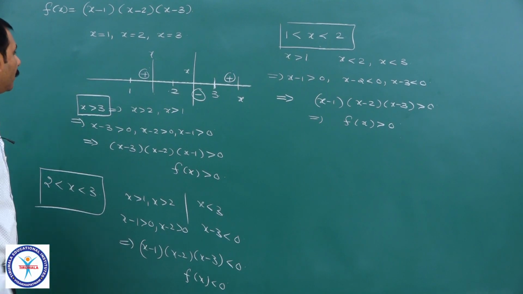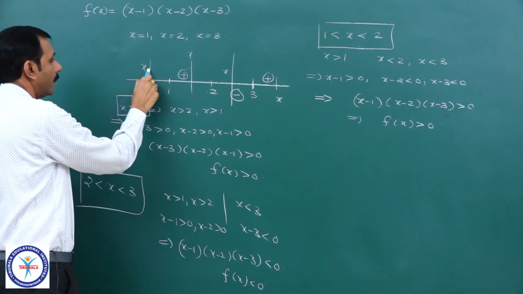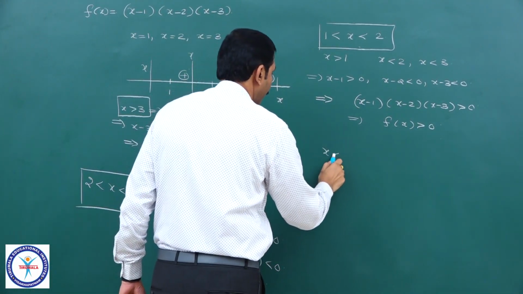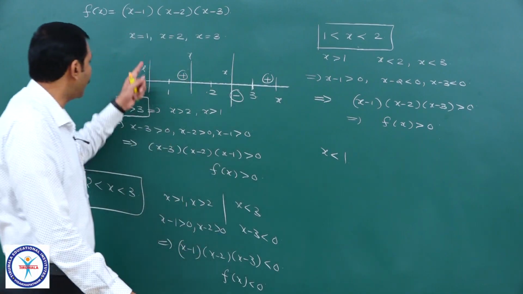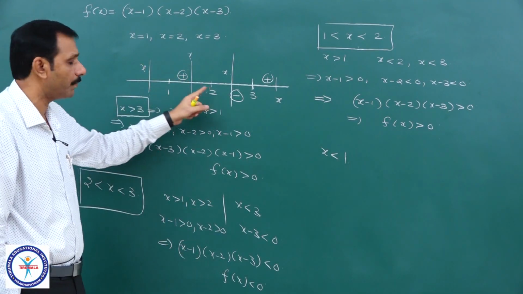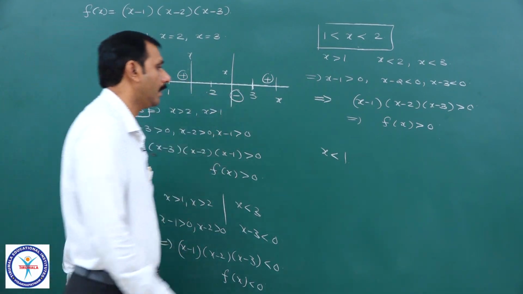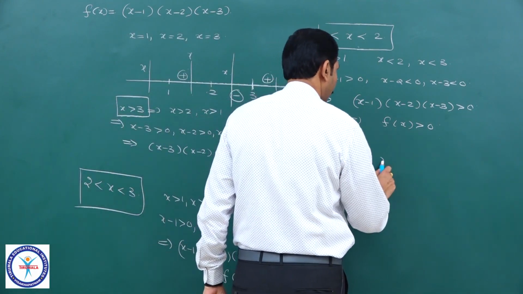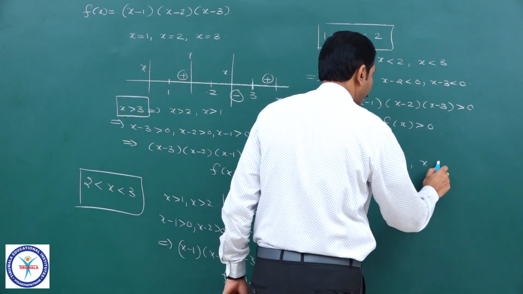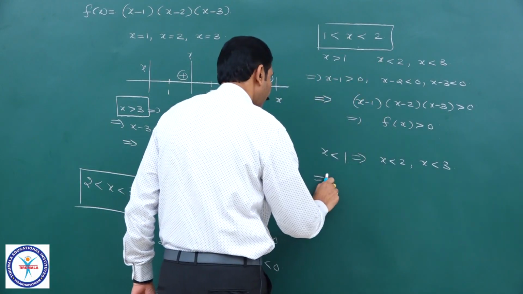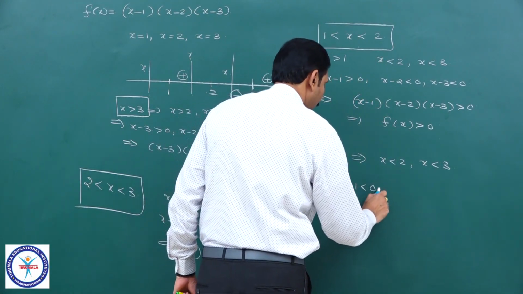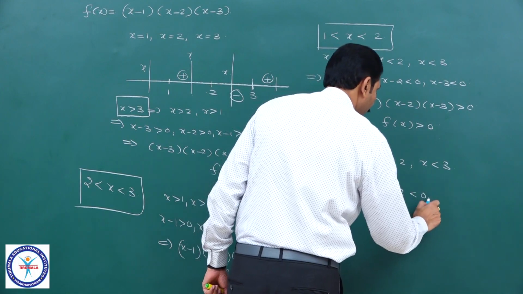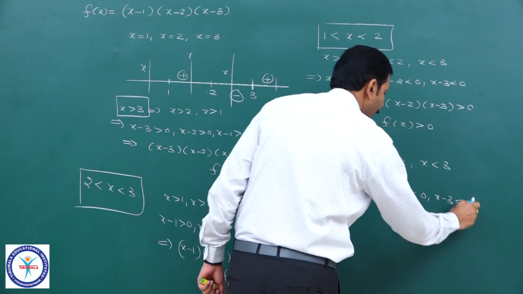And the last possibility is when x less than 1, somewhere here. When x less than 1, it is obviously less than 2 and less than 3, so I can write x less than 1, x less than 2, x less than 3. Therefore, x minus 1 negative, x minus 2 negative, x minus 3 also negative.